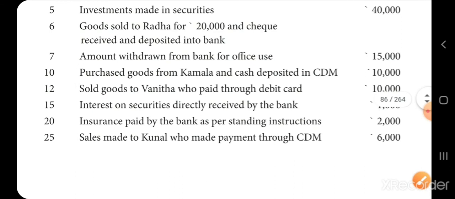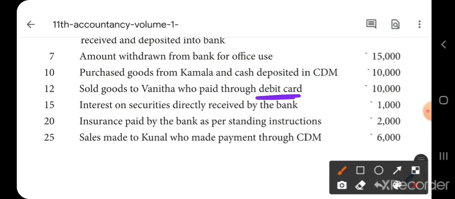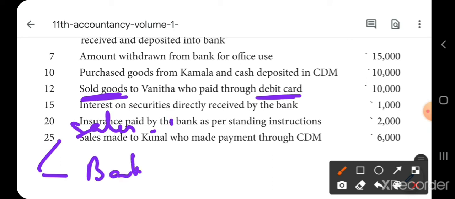Next, sold goods to Vanita who paid through debit card. That means it is a bank transaction. Sold goods means sales. Okay. So sales and bank. Sales is a nominal account. Bank is a personal account. Sales, what is the rule? Credit all incomes and gains. So credit sales, bank personal account, debit the receiver.